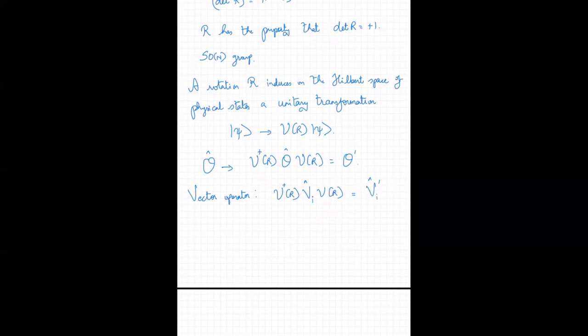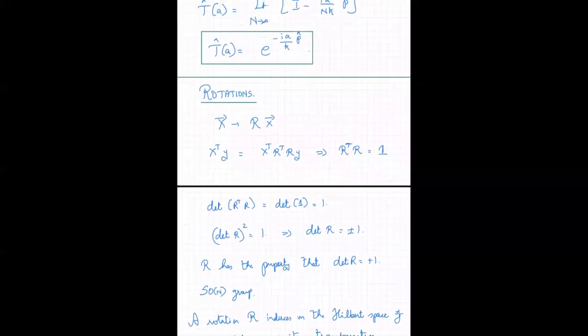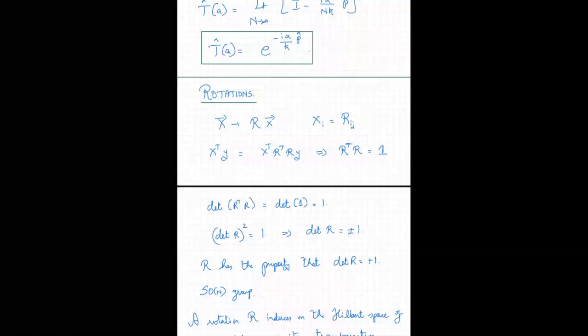But if this operator is to be a vector operator, then V prime should be exactly the same as how the x's transform. So how do the x's transform under the rotation? x_i prime is just R_ij x_j, right?